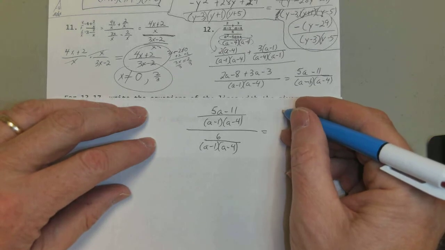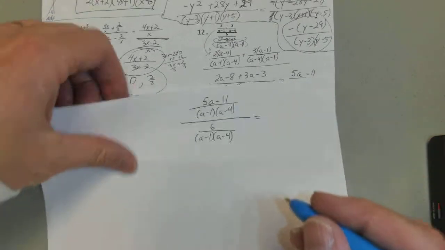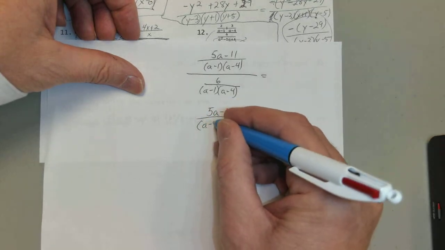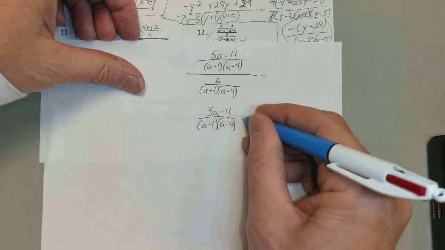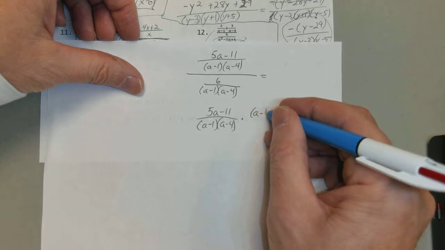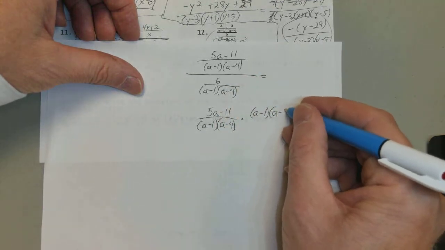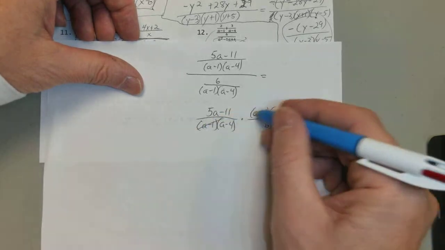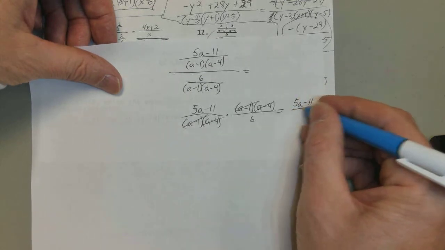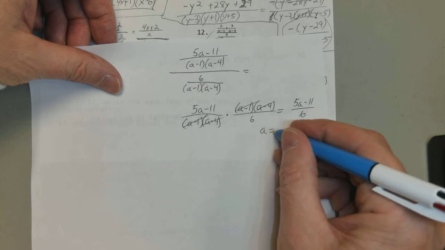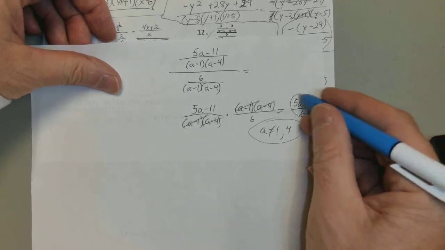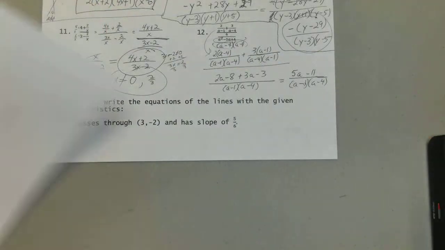And that is 5a minus 11 over a minus 1 times a minus 4 times the reciprocal of this, a minus 1 times a minus 4 over 6. Cancel, cancel, cancel, cancel. I got 5a minus 11 over 6. A cannot equal 1 or 4. Here's the simplified version: 5a minus 11 over 6.